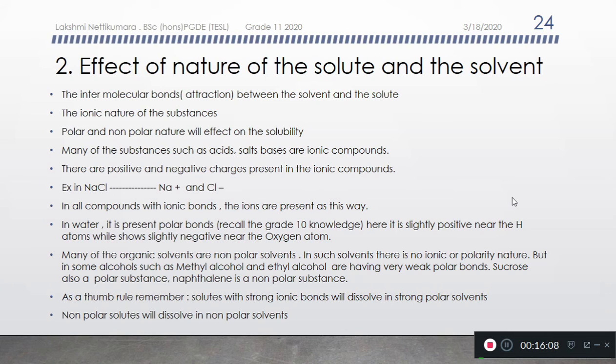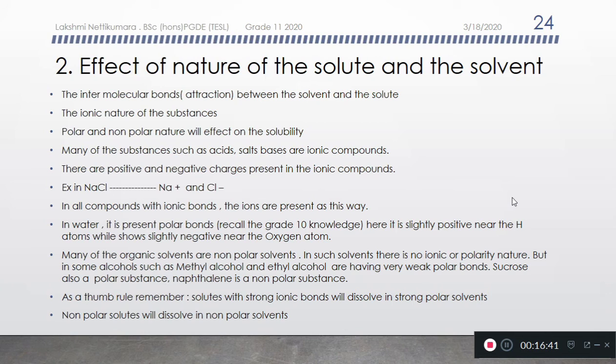And also according to the presence of chemical composition constituent, we know that compounds can be classified as organic and inorganic compounds. And also you have learnt about the ionic compounds and covalent compounds. So you have to refresh all these three to understand the solubility of the solutes and the solvents.